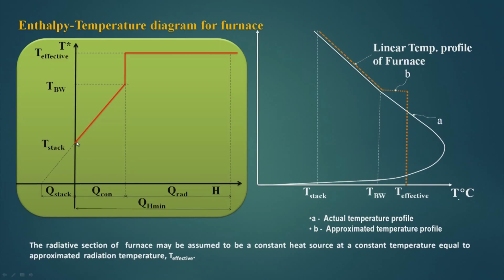From the stack the hot gases are coming out at T stack, and this T stack will take with it Q stack amount of heat to the outer atmosphere, and hence it is called stack losses. QH minimum is this Q convection plus Q radiation. So, this is the amount which is QH minimum, and this QH minimum has to be supplied by the furnace to the process.